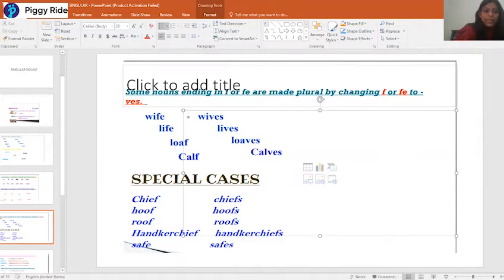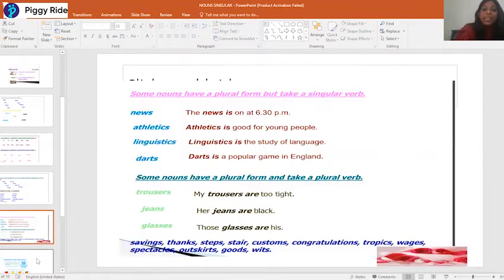Now, let me take you to the next part. There are some nouns that take a plural form, but the verb is going to be in singular. Like, as for example, news. The news is on at 6:30 p.m. We never say are.